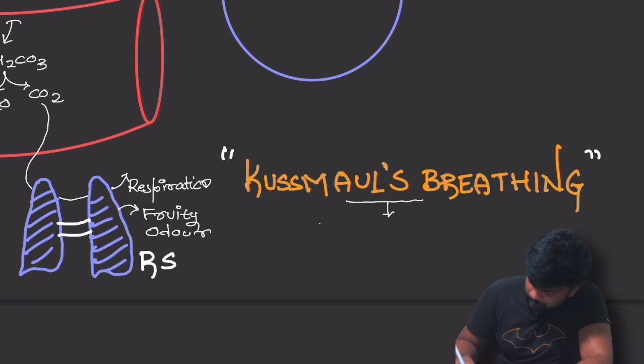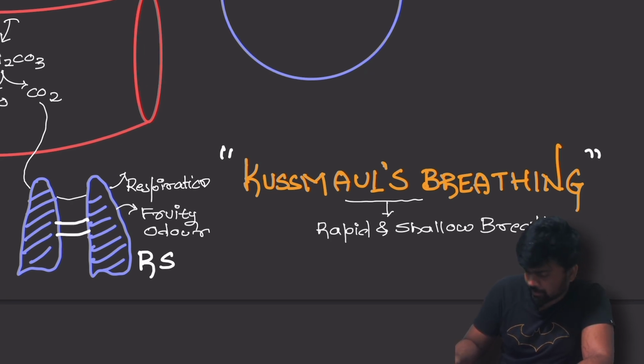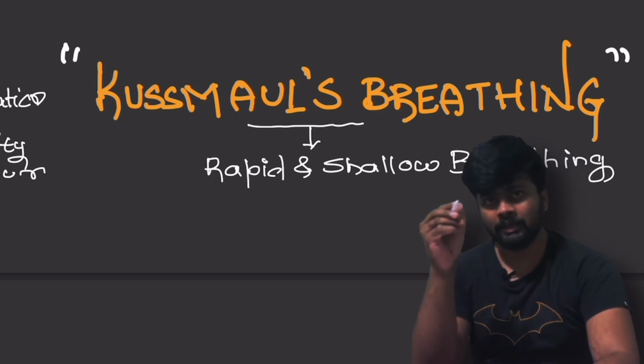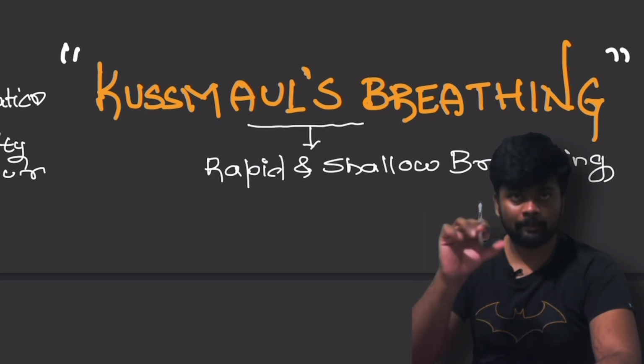This means rapid and shallow breathing. Why does this happen? It happens because the same CO2 that is formed crosses the blood-brain barrier and activates the respiratory center. The respiratory center causes rapid and shallow breathing.